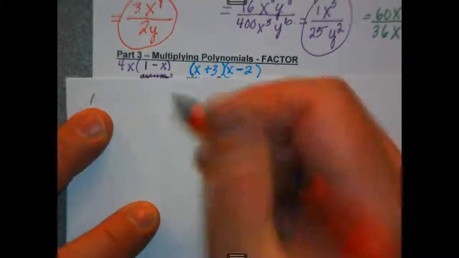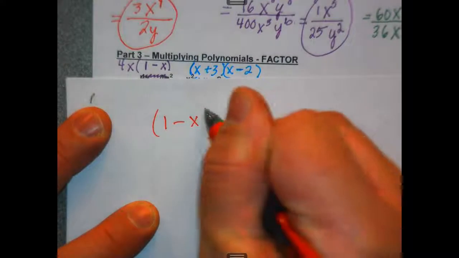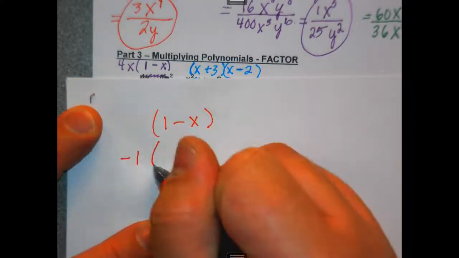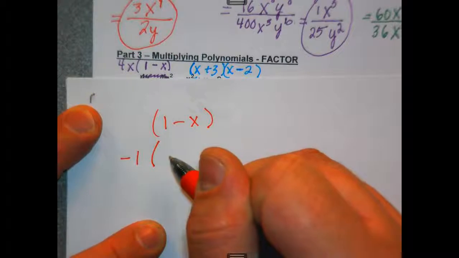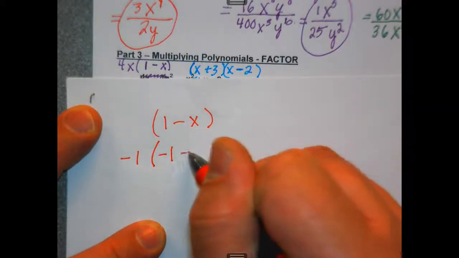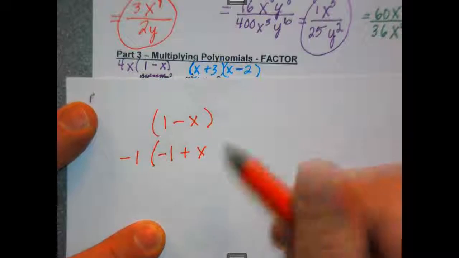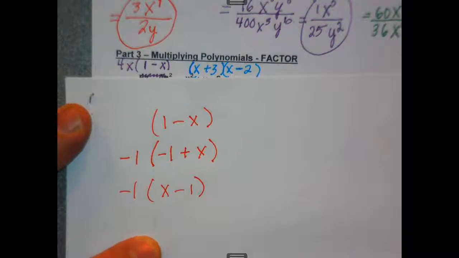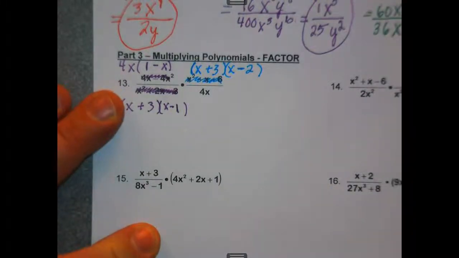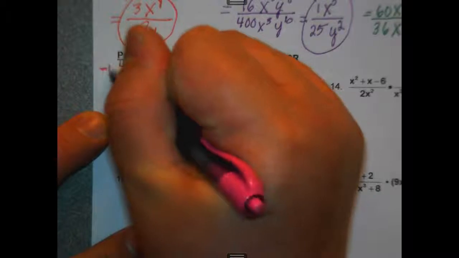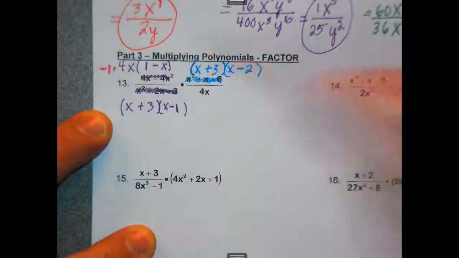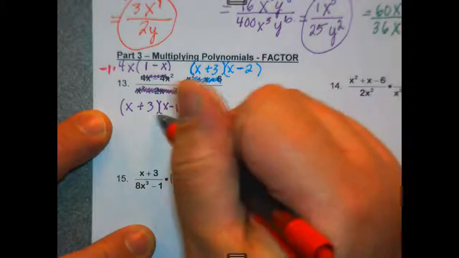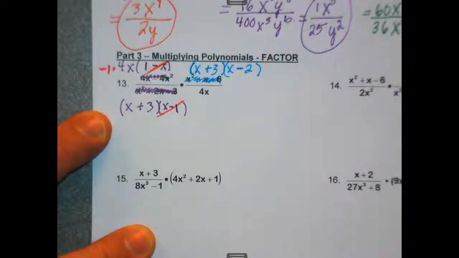If I take out a negative 1, I will get negative 1 plus x, right? I change the signs, which is x minus 1. So all I have to do here is just put a negative 1 out in front. And when that happens, I can actually cancel out my factors then.